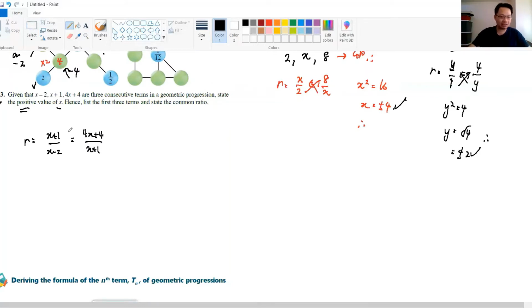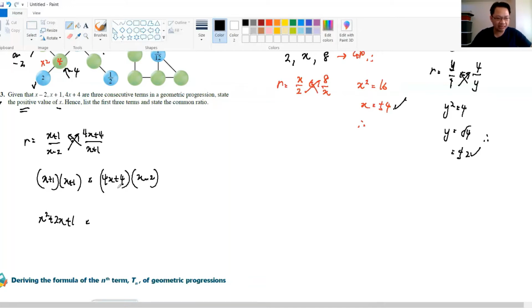You want to find x, right? Cross product. So it will become x plus 1, squared, equals 4x plus 4 times x minus 2. So we expand everything. So we are supposed to get like this.